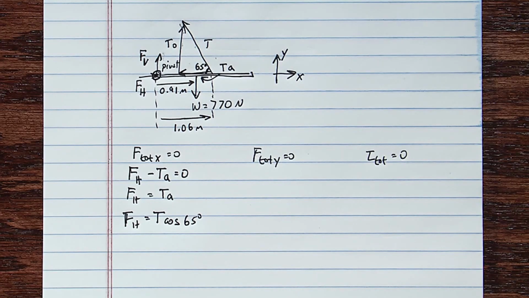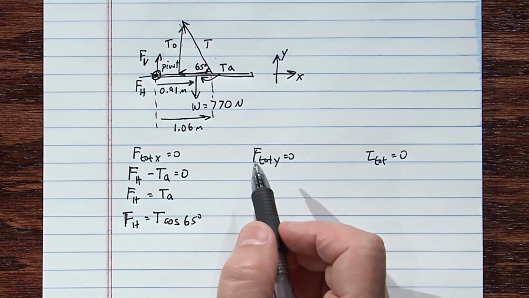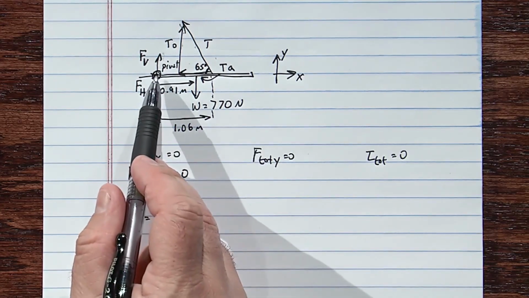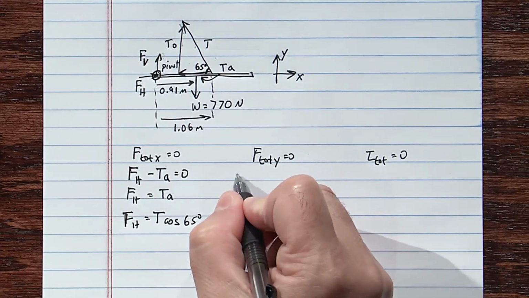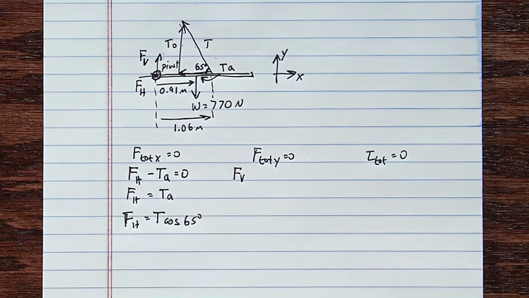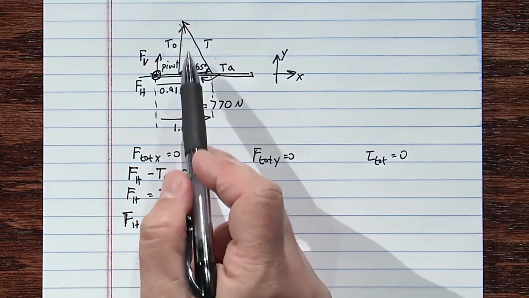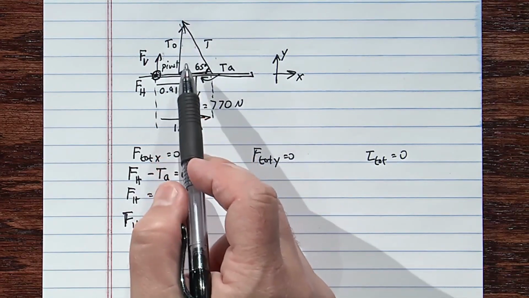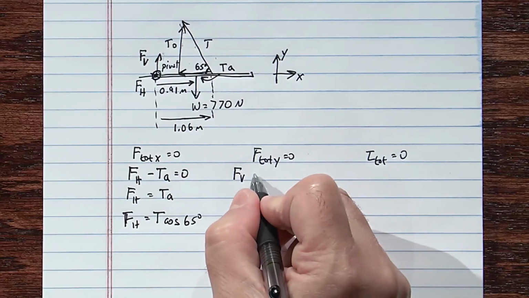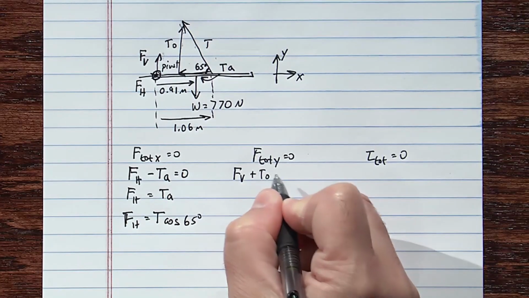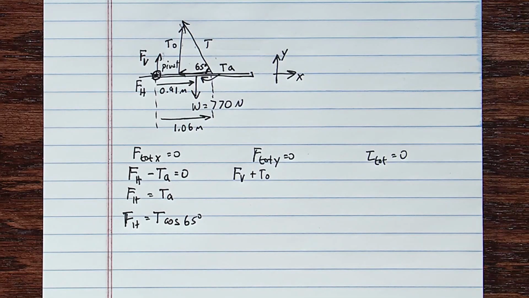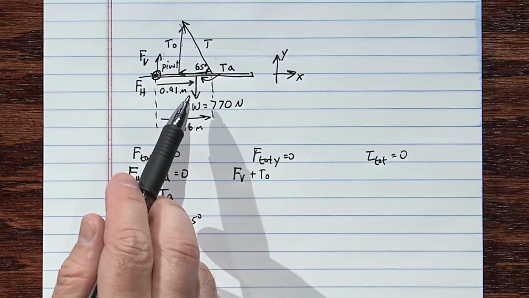Let's see what we get there. Well, our forces in the positive y direction are Fv plus part of our tension, namely the part that's opposite to the 65-degree angle, so plus tension opposite, and then minus our weight.